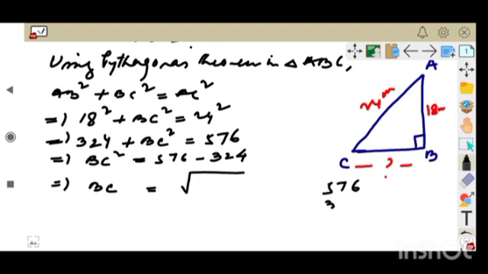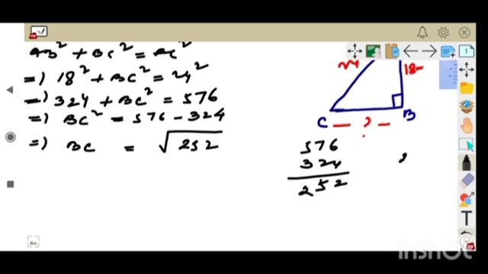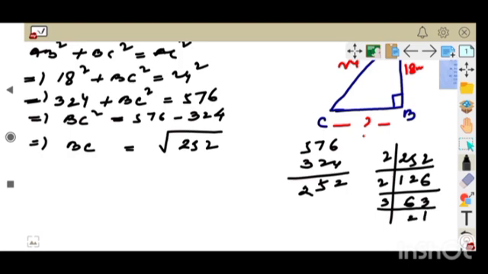576 minus 324 gives 252. So BC equals root of 252. Factorizing, we have 2 two times, 3 two times, and 7 just one time.